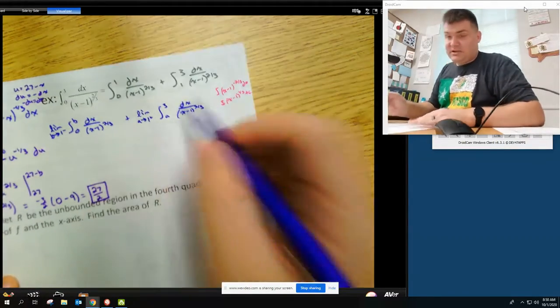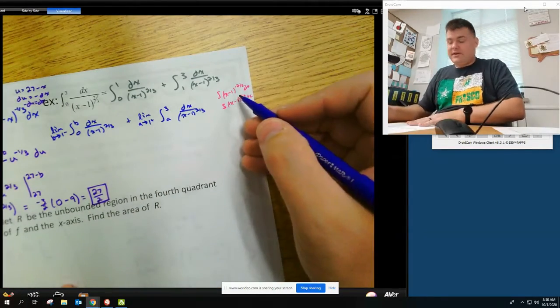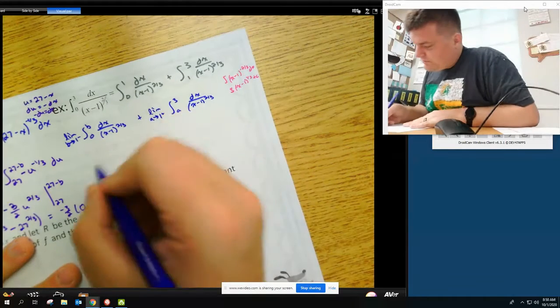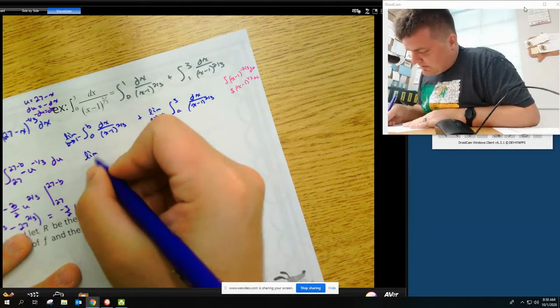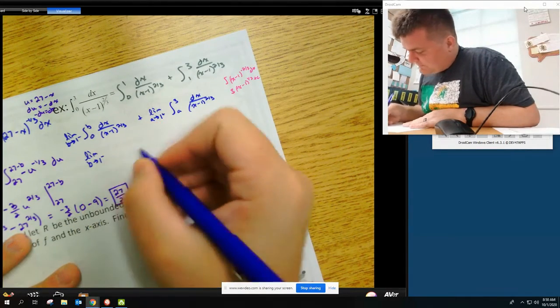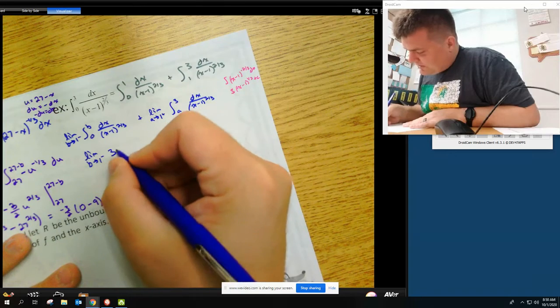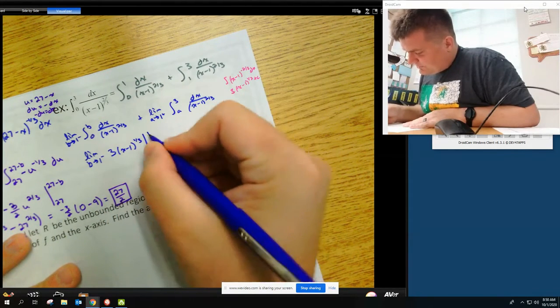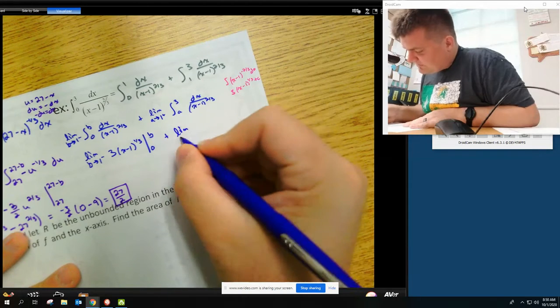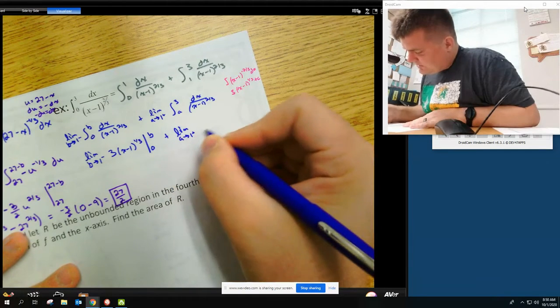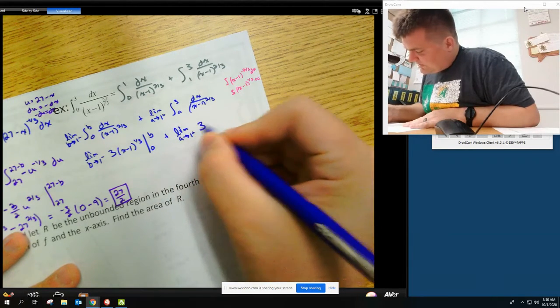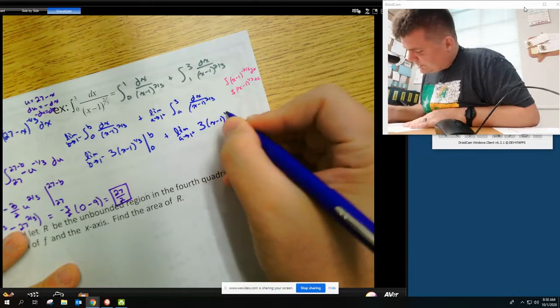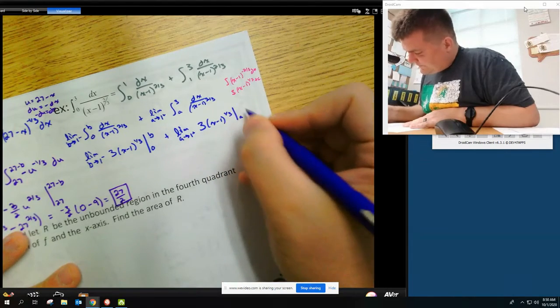Instead of doing 2 separate u subs, I think if I just do a little bit of side work right here, I'll be fine. So I'm going to end up with the limit as b approaches 1 from the left of 3 times x minus 1 to the 1/3, from 0 to b, plus the same exact thing, but now using the a, of 3 times x minus 1 to the 1/3 from a to 3.